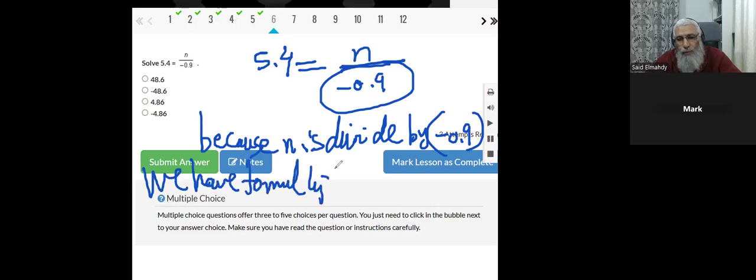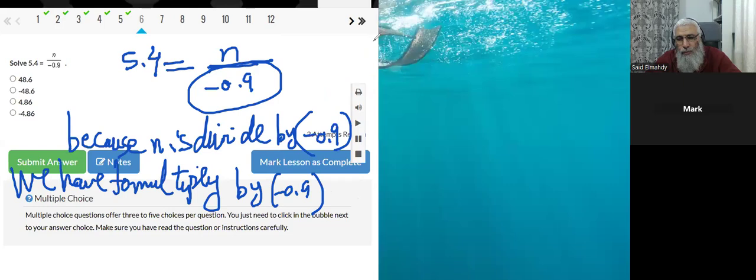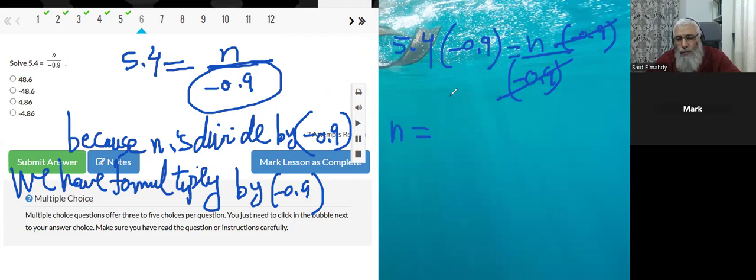The opposite operation is multiplication by negative 0.9. So we just multiply 5.4 times negative 0.9, and n over negative 0.9 multiplied by negative 0.9 will cancel out. So it is now n equals.